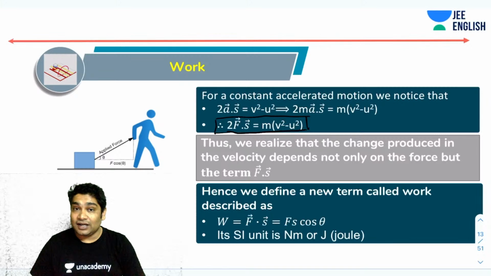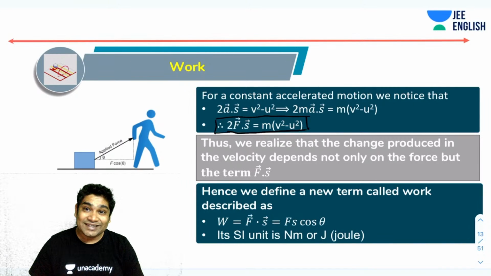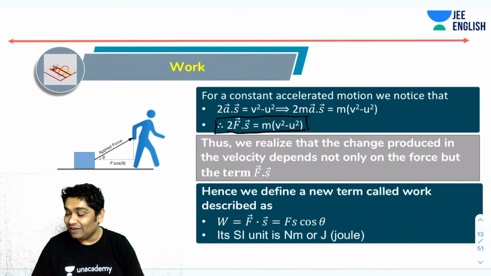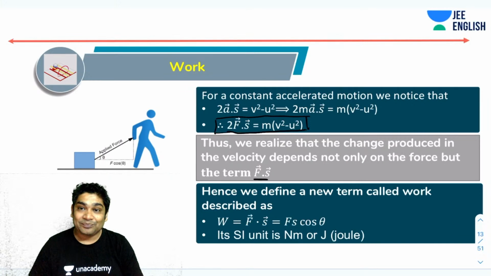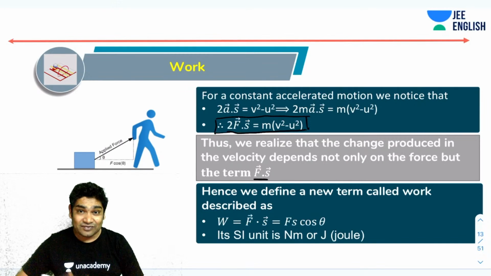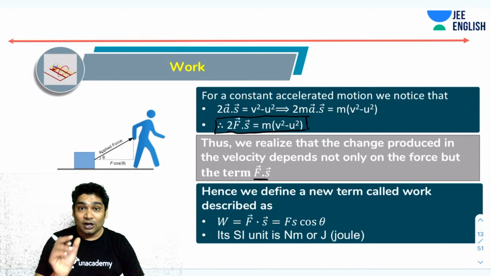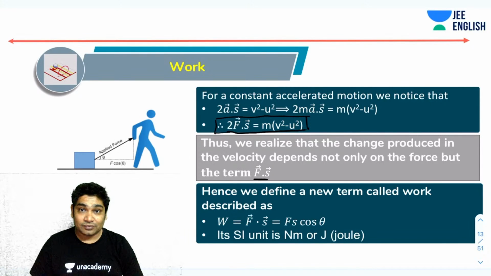This brings our attention to this new term, the dot product of a force and displacement, and that is why we talk about it separately, define it and call it work. This is where we get the idea of defining something called work, which controls the change in speed of objects.